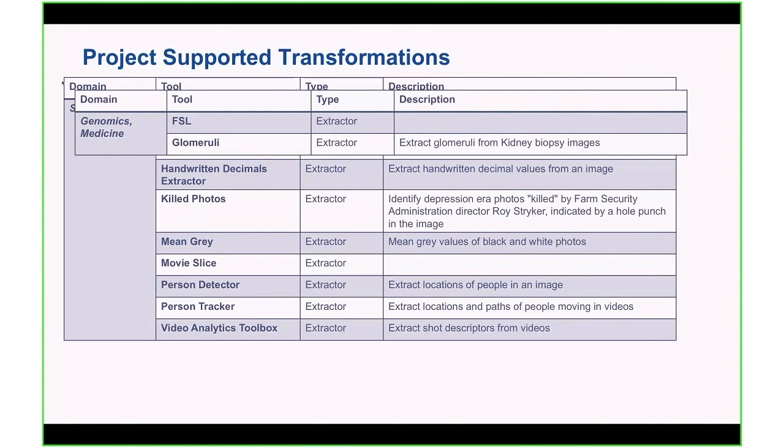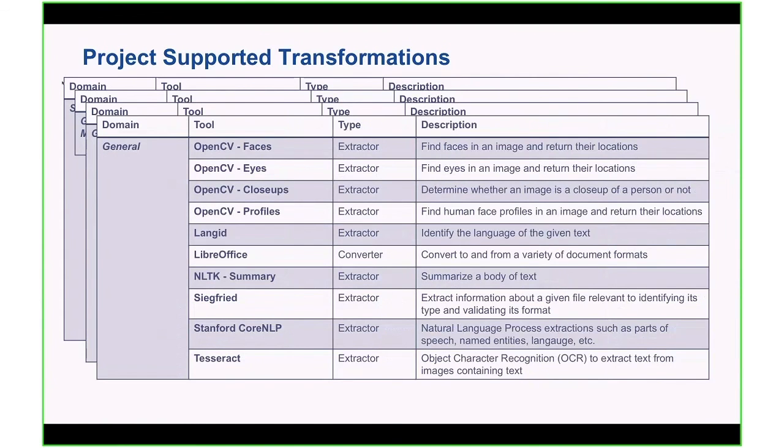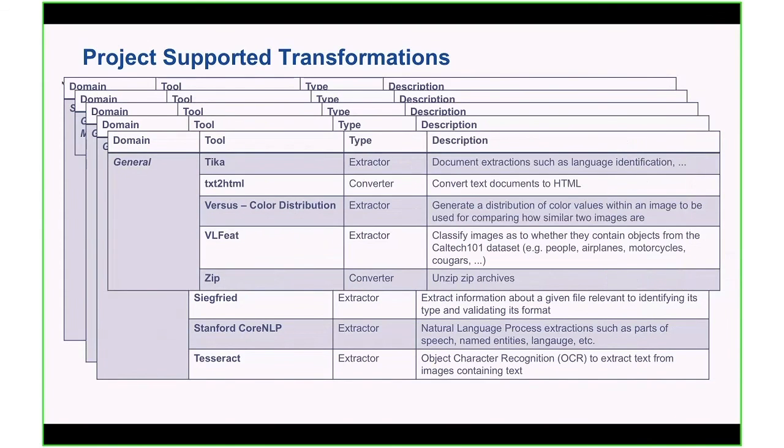With regards to genomics and medicine, stuff like extracting things in biopsy images, finding where they're at, or classifying features. And general stuff as well. So document conversions, document extractions, extracting faces and things like that that anybody could potentially use as well. So in all, about 82 different transformations that'll be part of that initial suite. But the idea is to grow that over time. Just kind of bootstrap the process.